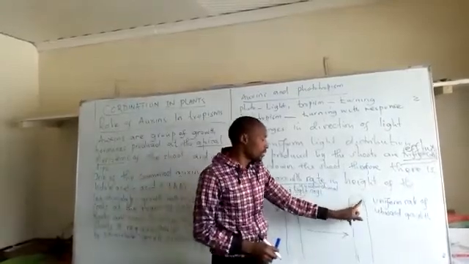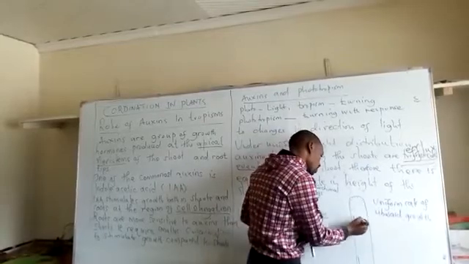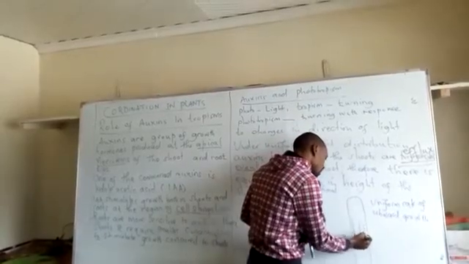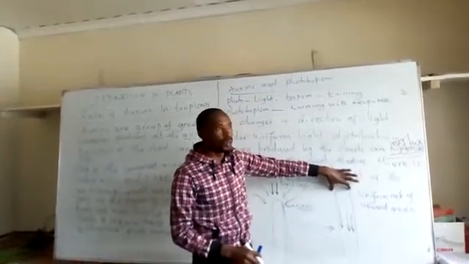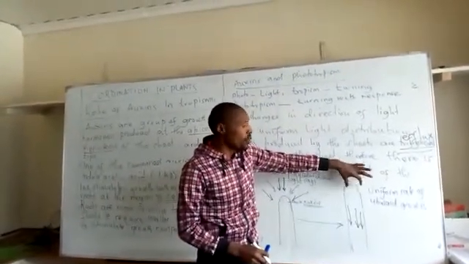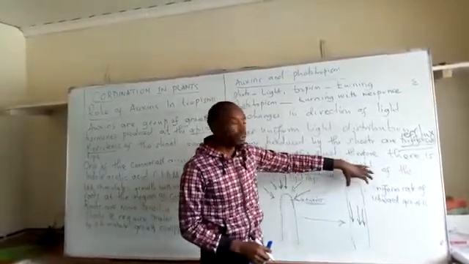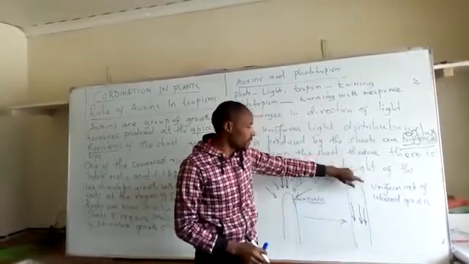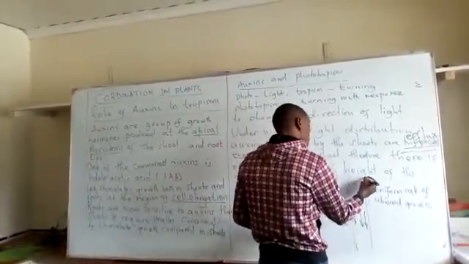We expect these auxins to move downwards uniformly, and wherever they get concentrated, we expect them to exert their effect. In this case, the shoot tip will continue growing up.